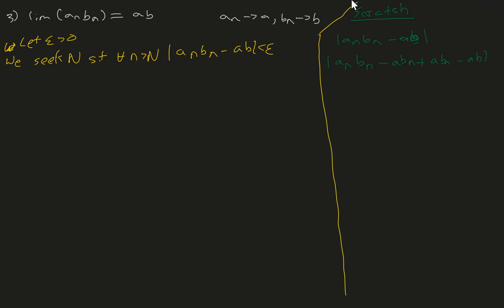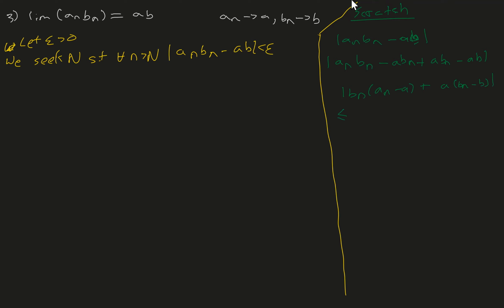Because of this clever trick, let's hope it works somehow. I'm going to simplify this. This is the same as |b_n (a_n - a) + a (b_n - b)|.